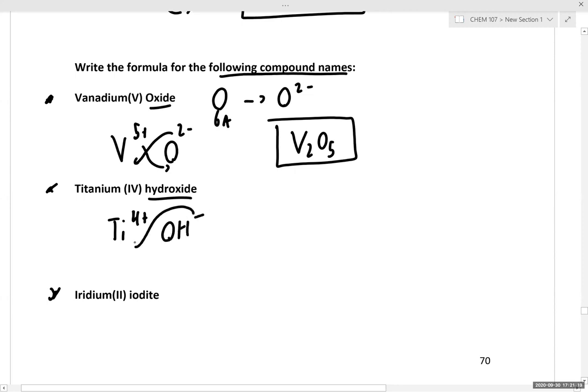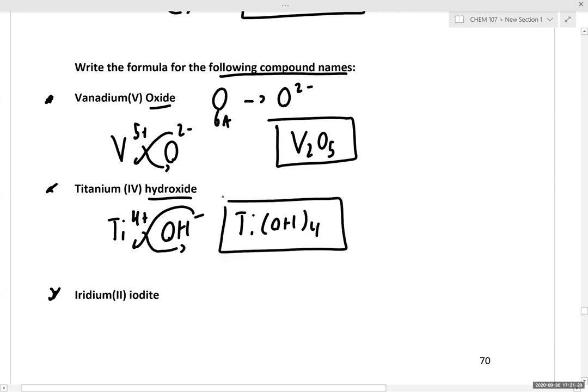So now that we have each of our formulas and charges, we cross our charges, and that in turn gives us the formula for titanium hydroxide. Does this example make sense to everyone?